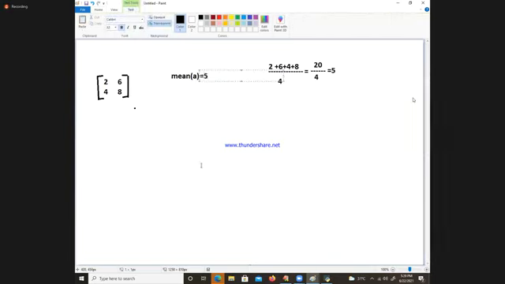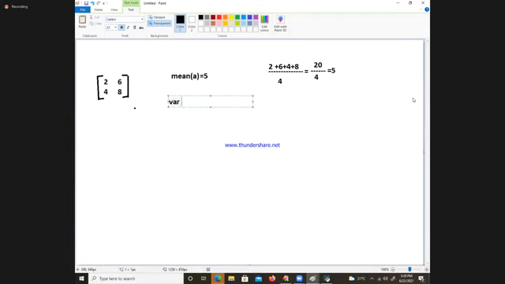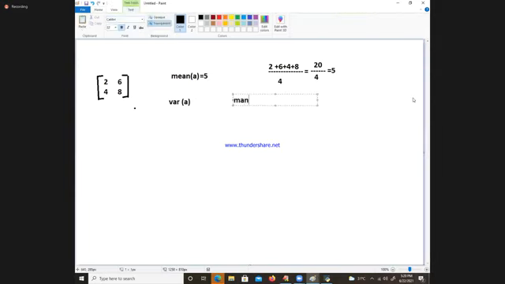Got it. Fine. Now variance of A is equal to the mean of A minus each element of the array, whole square, divided by the total number of elements in the array.